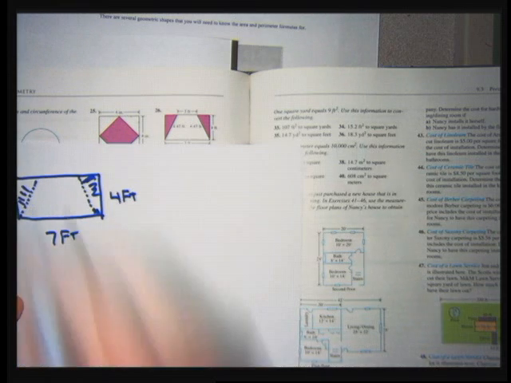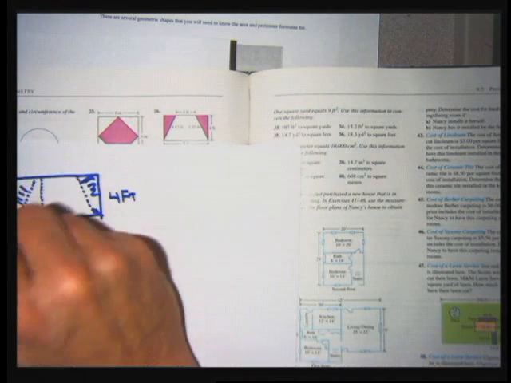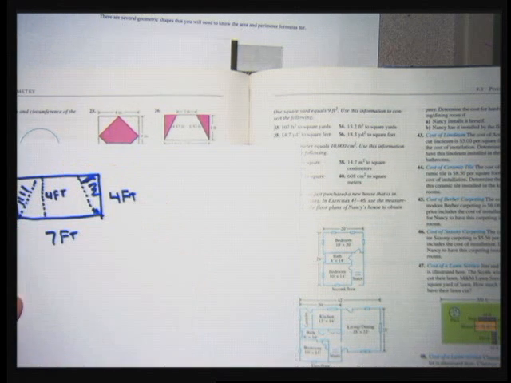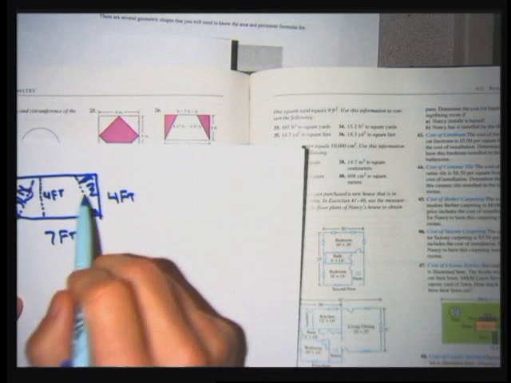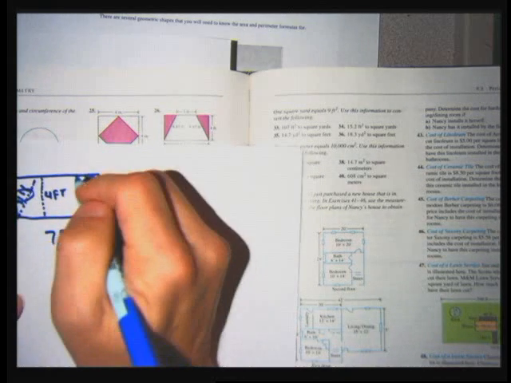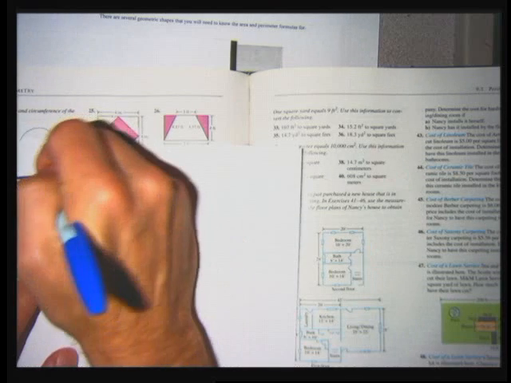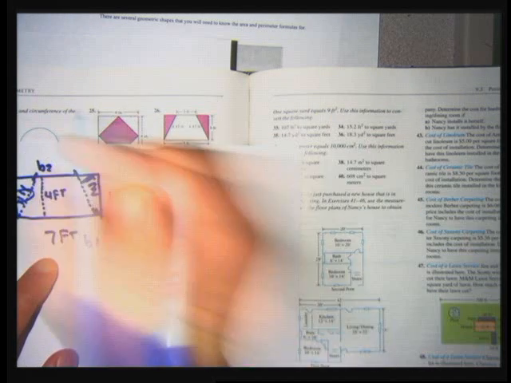The dimensions of the trapezoid, the height is going to be the 4 feet. That's the distance between the sides. And each of these sides, I'm not going to write it, I can see it up there, it's 4.47 feet. And the author also sneaks in a base 1 and a base 2. This I'm going to call base 1. This I'm going to call base 2, this little distance, which is this 3 feet.